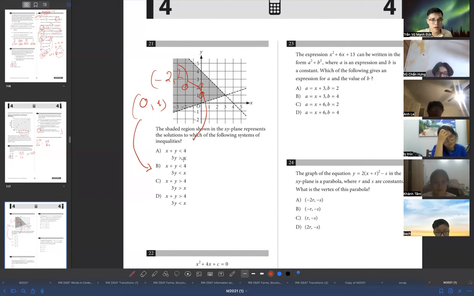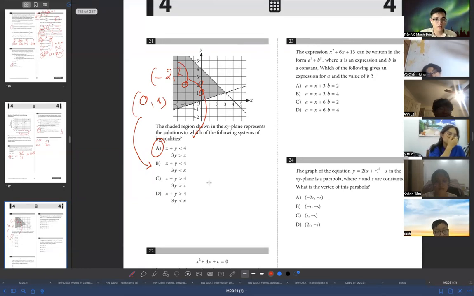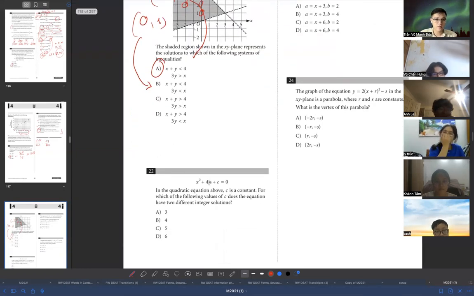The shaded region is the region that we are eliminating. So we're going to choose A. Or we can always use Desmos. I'm going to show you later if you haven't known it already, but let's not take the time from the class and we'll move on to 22.